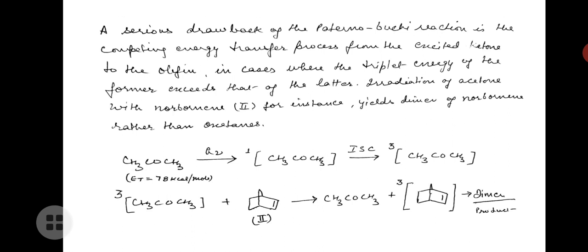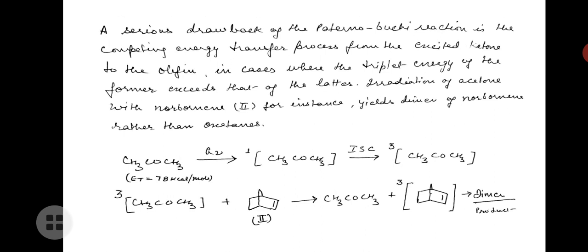Irradiation of acetone with norbornene, for instance, yields a dimer of norbornene rather than oxetanes. So this reaction is the acetone-sensitized photodimerization of norbornene. You can see the equation written here and understand it.